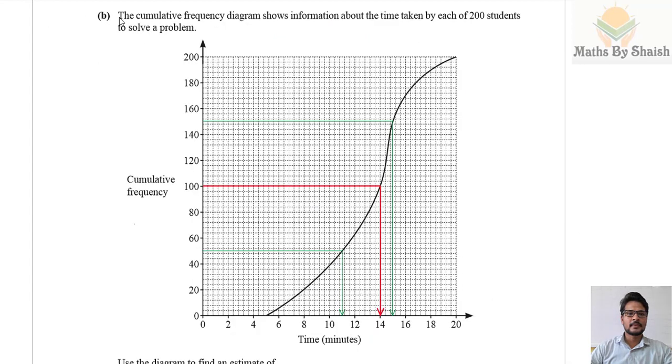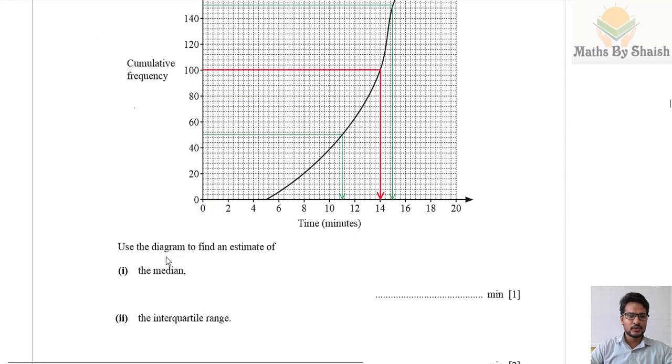Here's the B part. The cumulative frequency diagram shows the information about the time taken by each of 200 students to solve a problem. I drew these green lines and red lines. So it is the cumulative frequency graph. Use the diagram to find an estimate of the median.